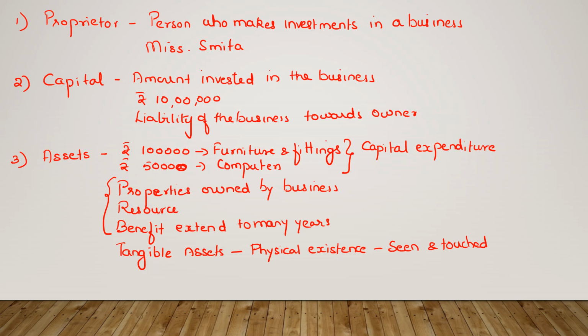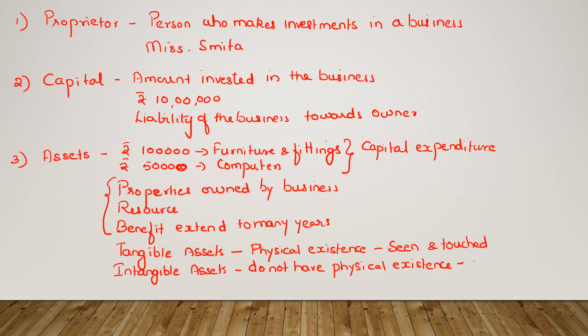They are tangible assets. And the other type of asset is intangible assets. Intangible assets are those assets which do not have physical existence. So, which means you cannot see it or touch it, but still it is there and it is an asset. A very good example, now she has purchased computer.